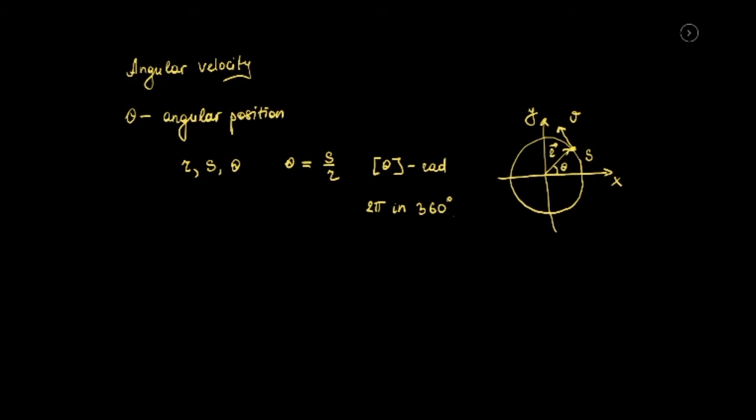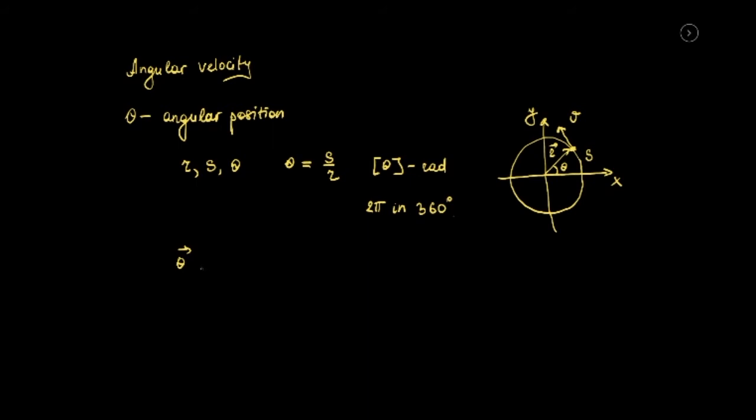So far we have talked about the angular position, which we denoted as s divided by r, and by definition it's a scalar quantity, right? But we can also define a vector angle, theta vector, and this kind of vector quantity would be very useful when we work with next definitions such as angular momentum.